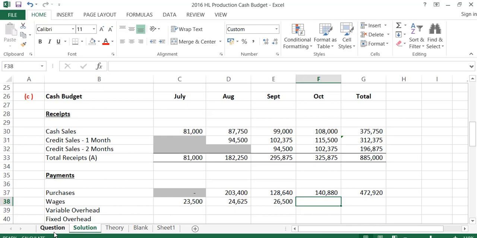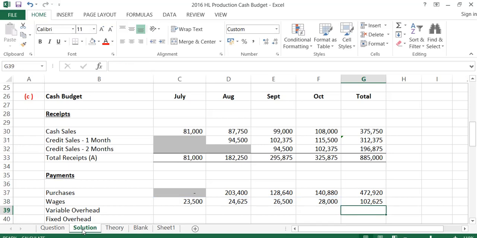And in October, the total sales are 360,000, so it's going to be 360,000 by 5% plus 10,000. And then I just total those across, which gives me total wages of 102,625.